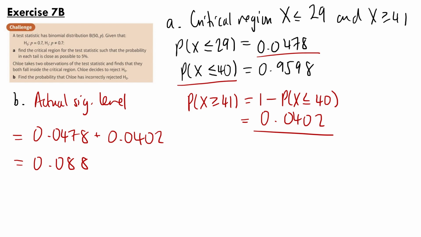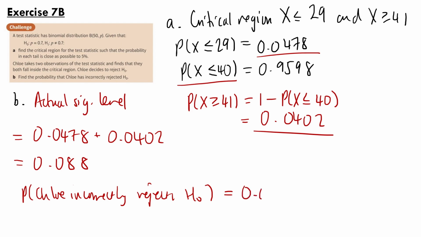And therefore, as Chloe takes two observations and they both fall inside the critical region, the probability that Chloe incorrectly rejects H0 is equal to 0.088 squared, which is equal to 0.0077 to 4 decimal places. And that is our final answer.